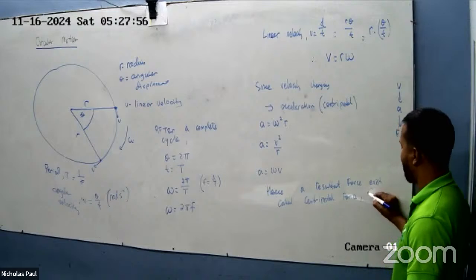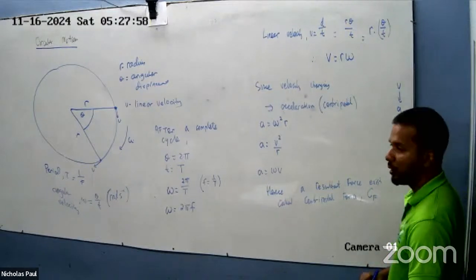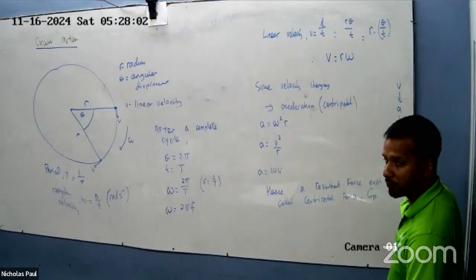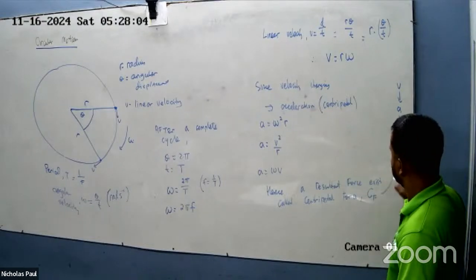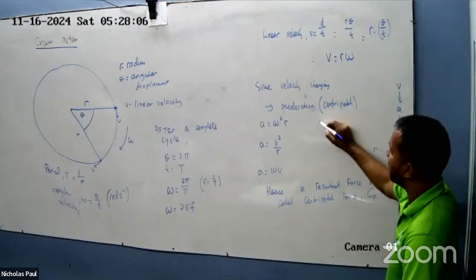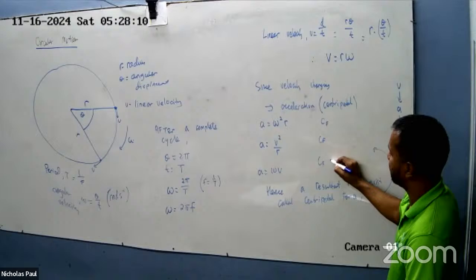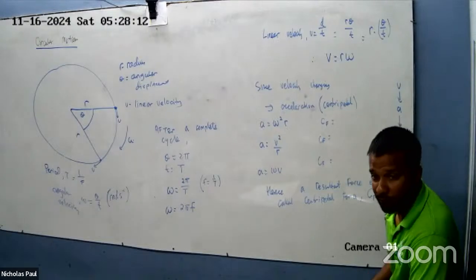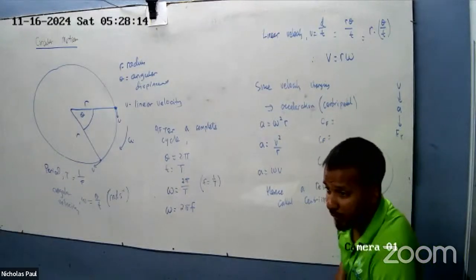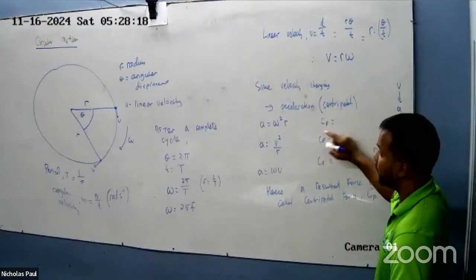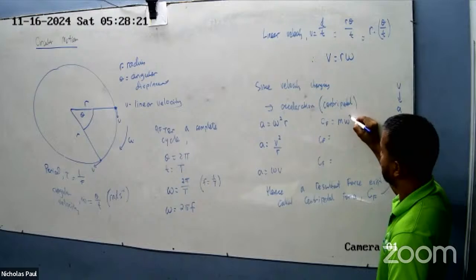The symbol I will use is here. If I know a, how to find CF? If I know a, how to find centripetal force? F is equal to what? ma. So if I know a, this will be m by a.